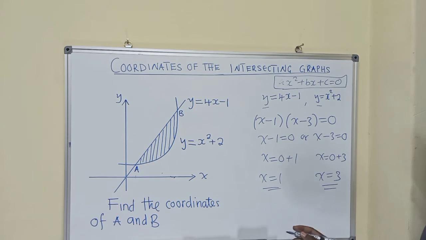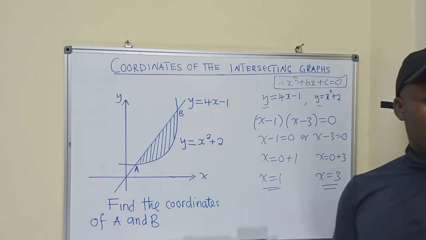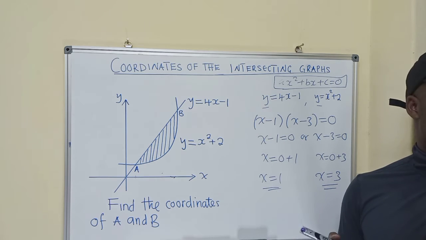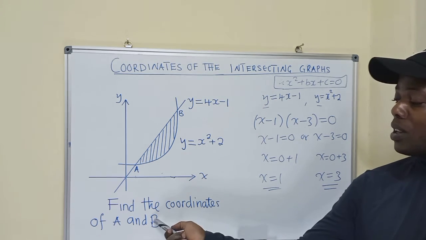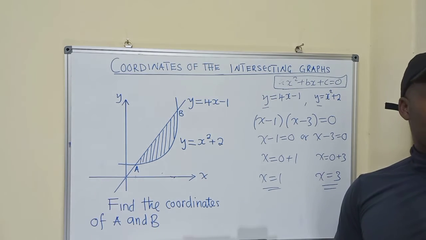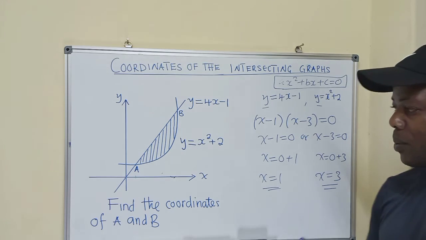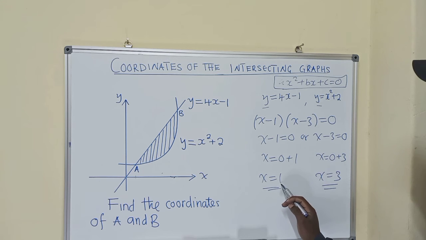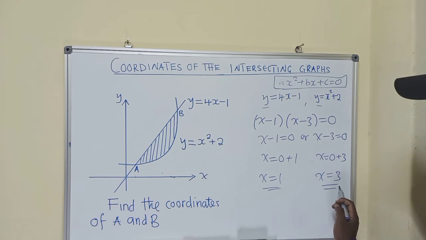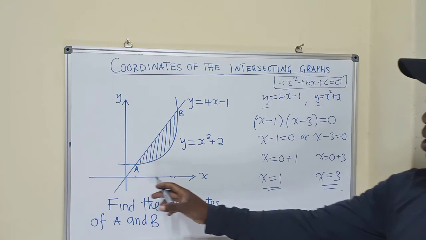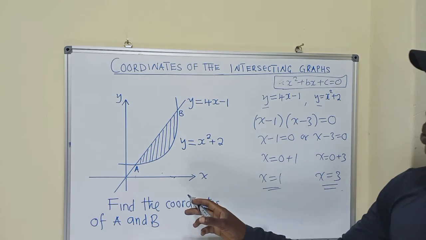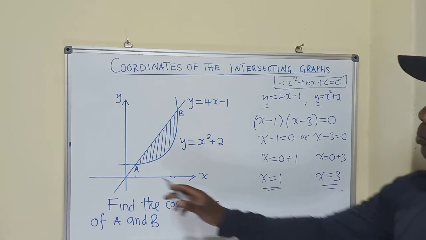So we go back. Remember, our main idea here is not to solve the quadratic equation, but to do what? To find the coordinates. So we have found the x values. Here, if you can see, we've got two numbers. Which one is bigger? It's 3, right? Yes. So when you follow the x-axis, where do you think 1 can be?